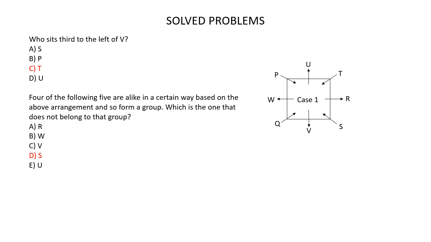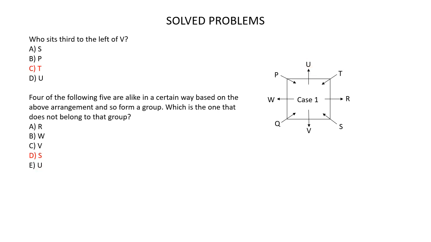Option A is R. So R faces outside. Option B, W. W faces outside. Option C, V. V faces outside. Option D, S. S faces inside. Option E, U. U faces outside.